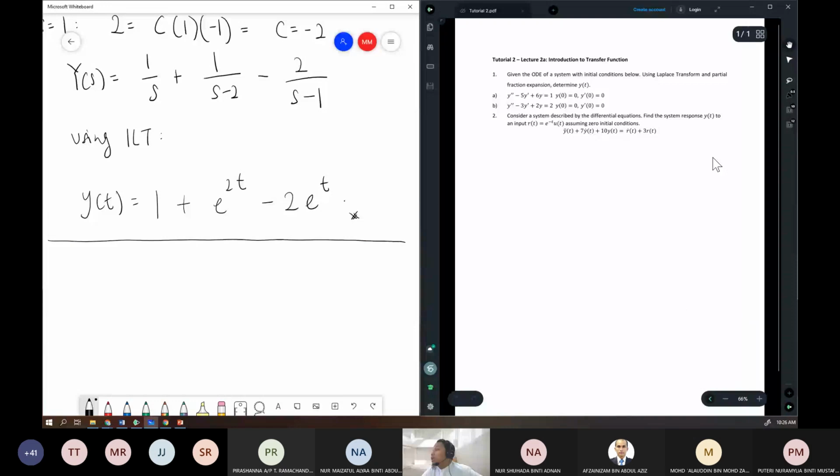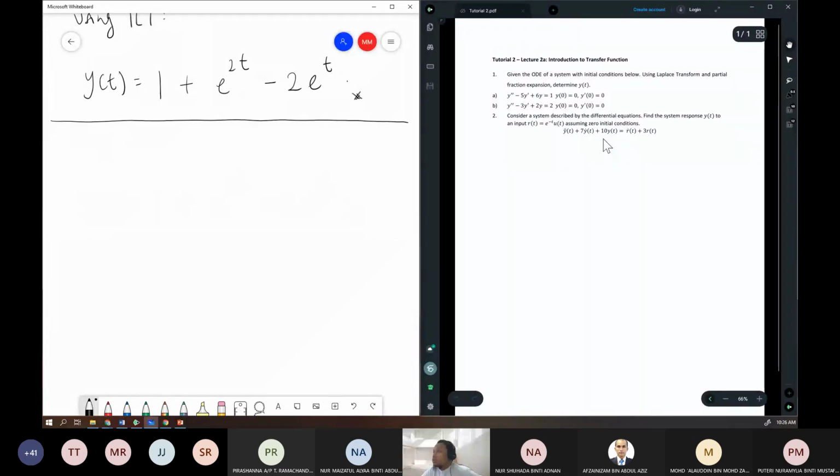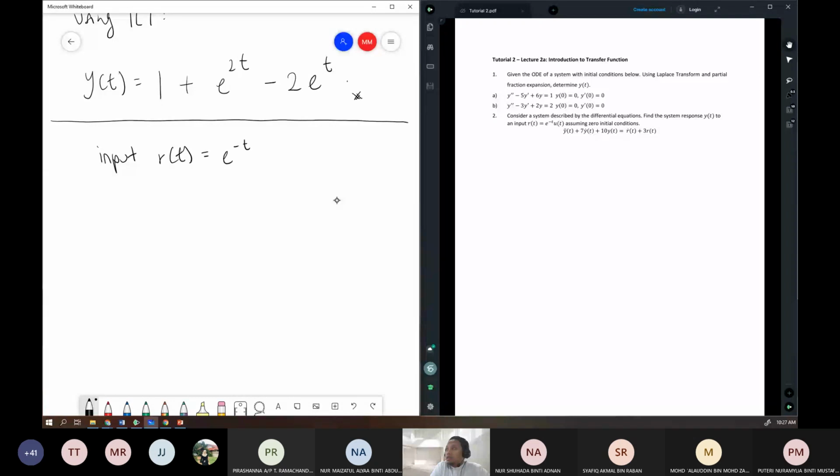So question number 2, consider a system described by the differential equation below. Find the system response y(t) to an input r(t) equals e to the power of minus t u(t), assuming 0 initial conditions. So you have this differential equation, and given to you is the input r(t) equals e to the power of minus t u(t).